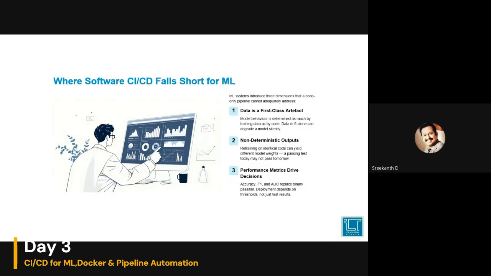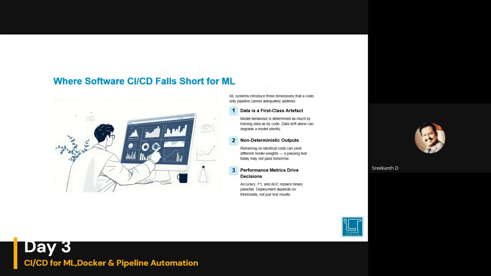ML introduces complexity. Data is a first-class artifact for any ML project. Outputs are non-deterministic, right? Whatever type of model we have used so far, it may not be sufficient enough, and we may not know about the results, right?